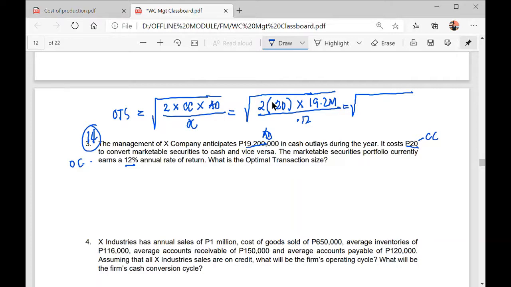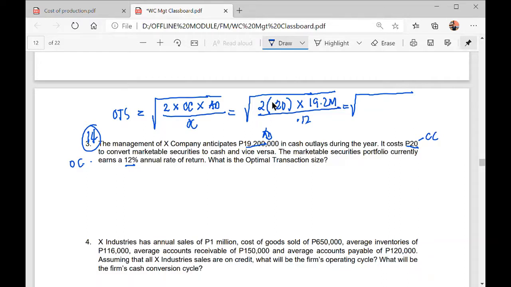Kung nagamit mo ordinary nga calculator kay mulapas na ng amount. Pero pwede mo magamit sa calculator sa inyong phone kay makaya naman niya. How much man? Or you can also get directly the final answer.